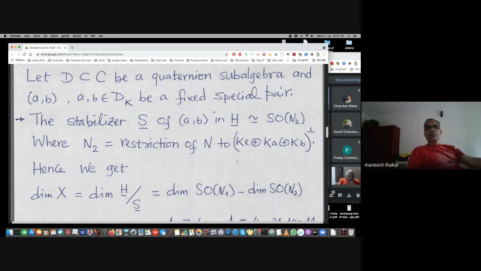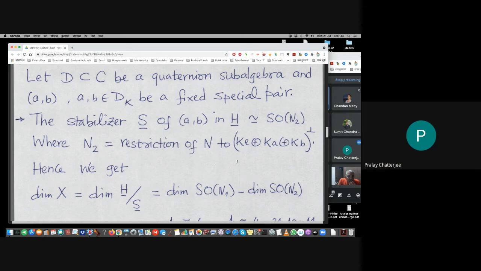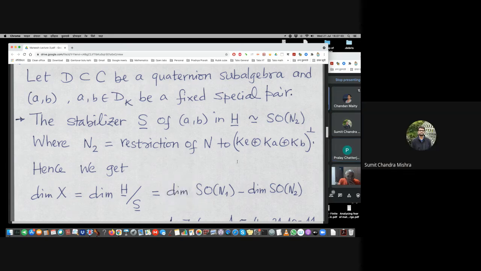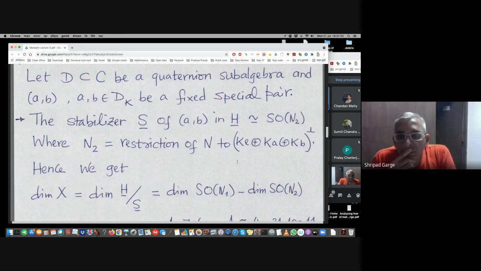AB need not be fixed by a general element of SO. I think it's an isometry, no? Yes, it's only an isometry. It's not an automorphism. Okay. Thank you. I did not realize that. Thank you, Sumit.